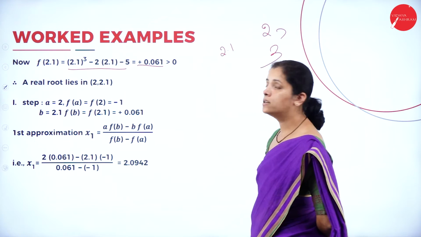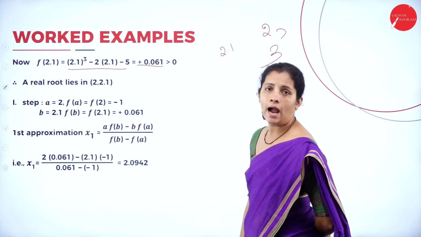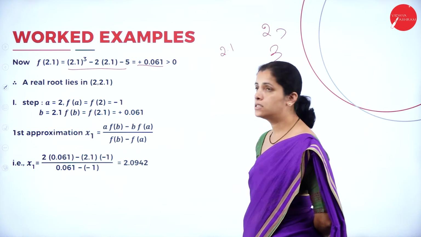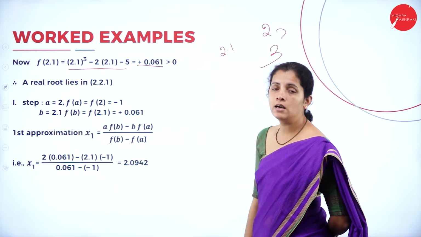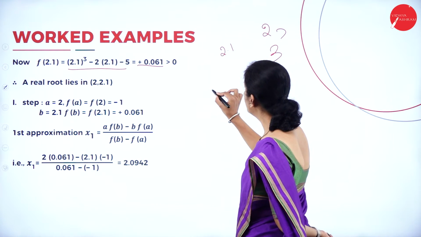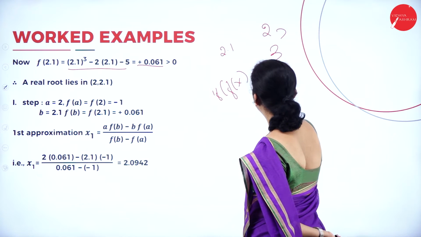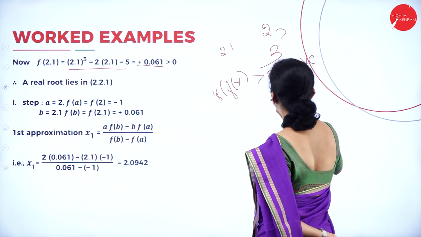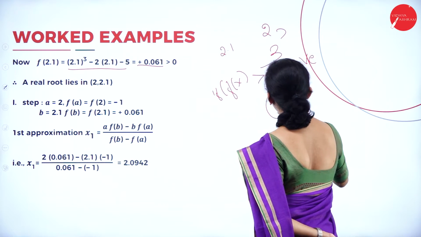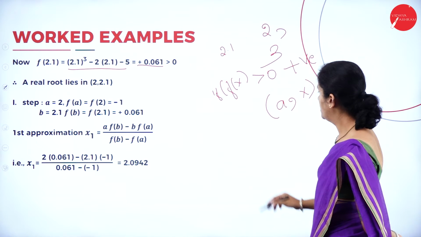Dear student, in my bisection method I have discussed that if f of x is greater than 0, then it is a positive number. So A remains as it is and I am going to change B.